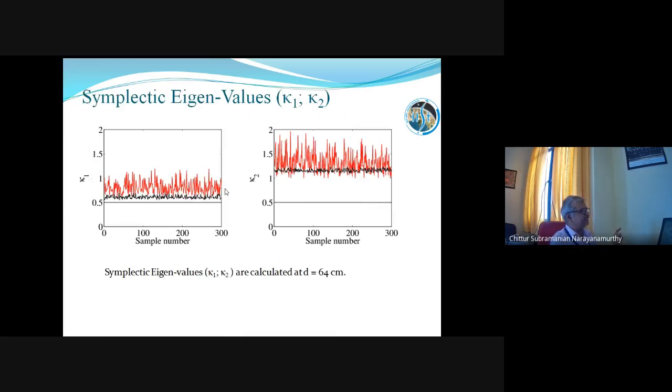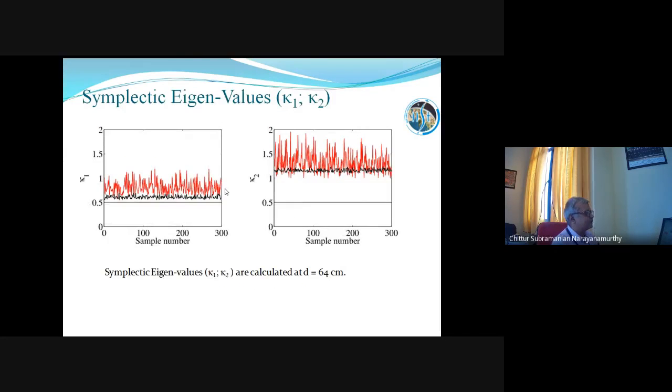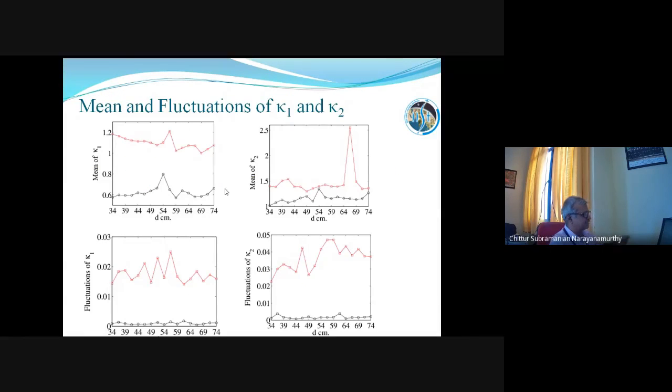Another important factor is that this is not a regular aberration of turbulence. The regular aberrations of turbulence are piston, tilt of the beam, astigmatism, low order aberration, higher order aberration, all these things. So this is actually a parallel measurement. Nobody measures the twist parameter, symplectic eigenvalues, and fluctuation, symmetry and asymmetry values, which are in addition to conventional aberration systems.